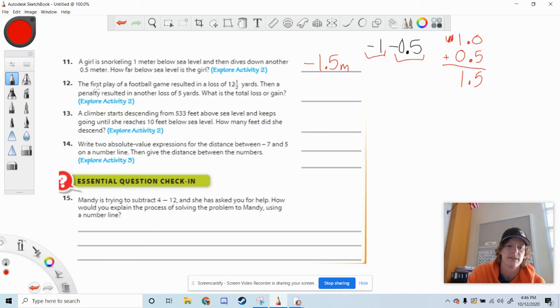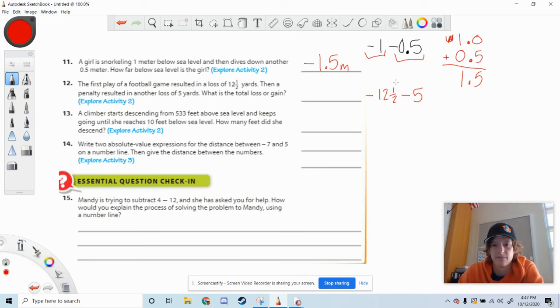Number 12. The first play of a football game resulted in a loss of 12.5 yards. Then a penalty resulted in another loss of 5 yards. What is the total loss or gain? So let's see. I have 12 wholes and 5 wholes, and it's all red.